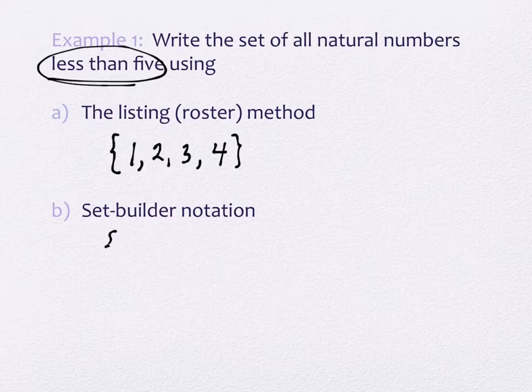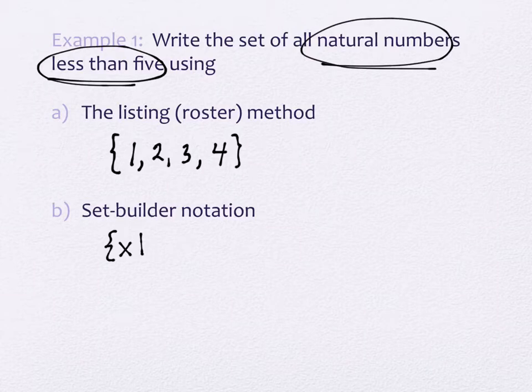If I'm doing set builder notation, it always starts the same way, curly brace X bar. And I have to have both descriptions in here, the fact that I circled less than 5 and the fact that it's natural numbers. And it really doesn't matter what order you put them in. So if you wanted to do the natural numbers first, you can. This is X is an element of the natural numbers.